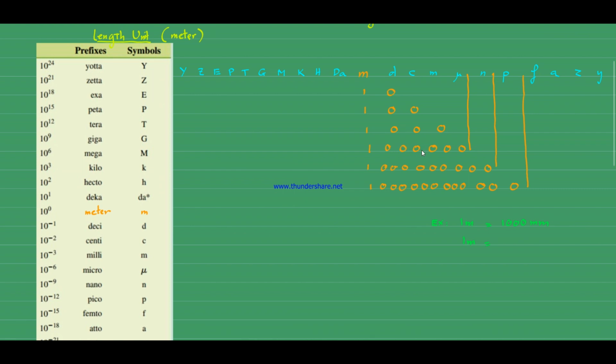This is million, this is billion. Because we use meter, we always have m after the prefix.